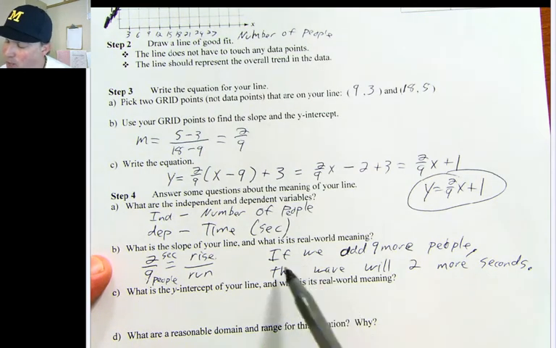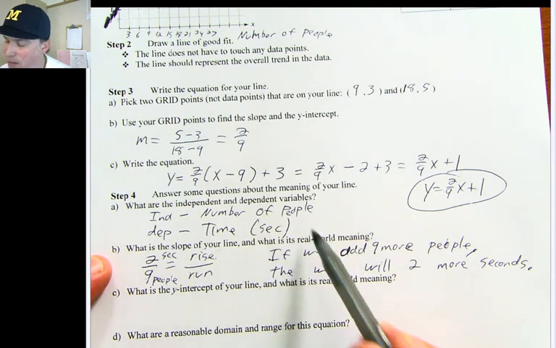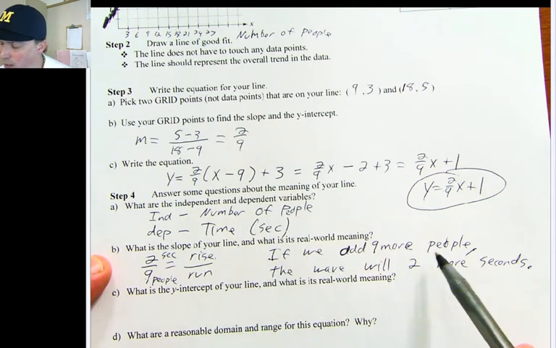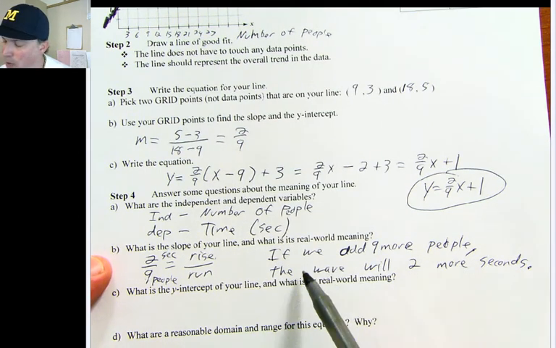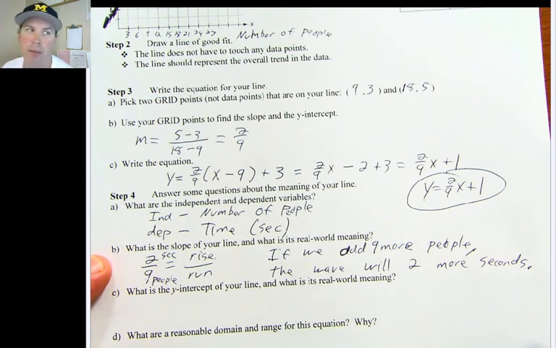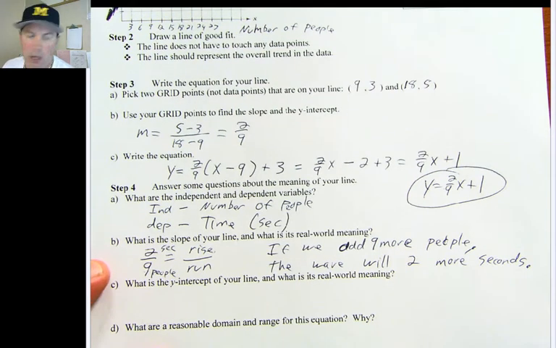And we mention the "if" part because that's the independent variable. If we add 9 more of the independent variable, that's going to change the dependent variable by a factor of 2.